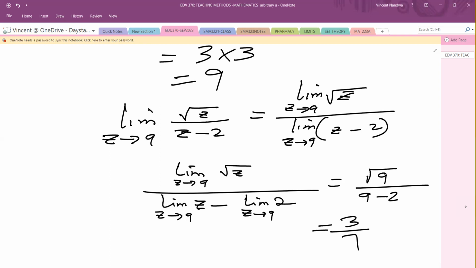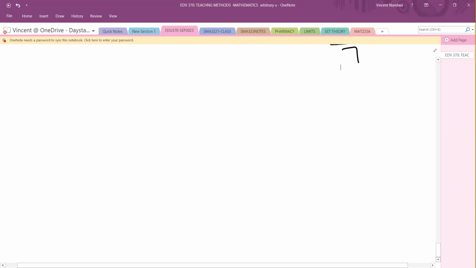Let's go to a question number that is different now. Let me help you, let's go to question 6, part B. Let's do 6B, okay? A little bit different from these others. It still tests the laws we have done. They give you the limit of f of x as x approaches 6, the answer is 4.